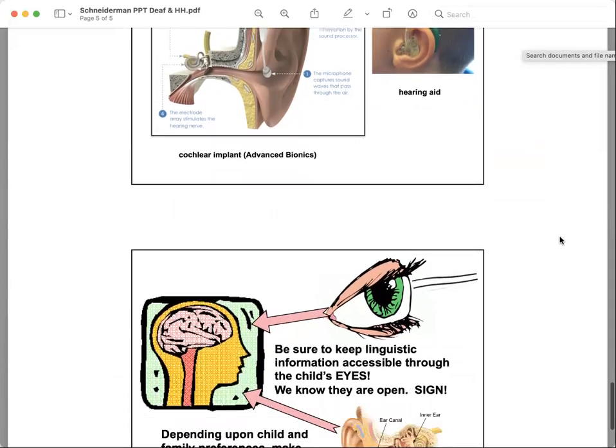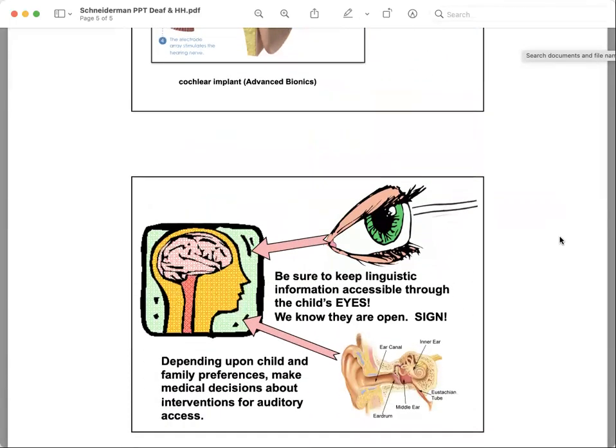What seems to be continually clear to me is that we should take advantage of the sure thing by taking advantage of the child's eyes, keeping the brain stimulated, keeping language information going in, keeping cognitive development happening. Then the parents can make their own decisions about what kinds of physical interventions, if any, they're interested in having for their child in relation to the ear.